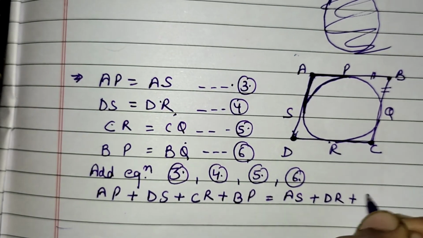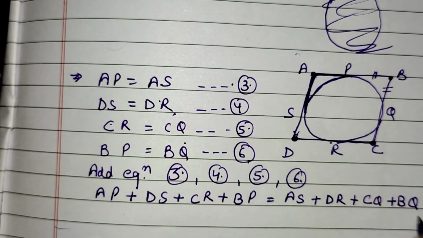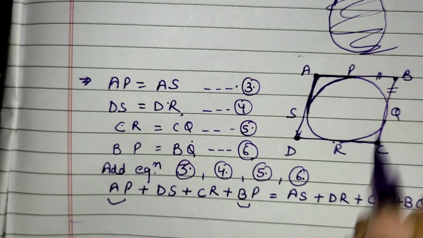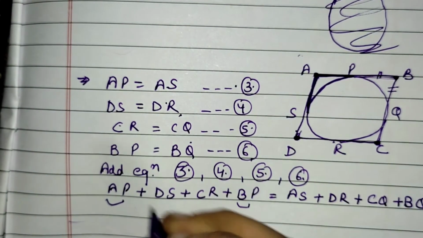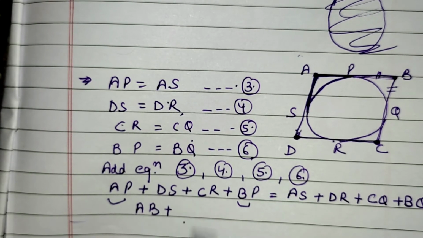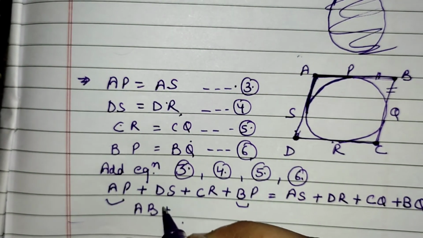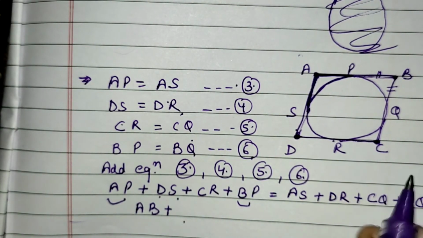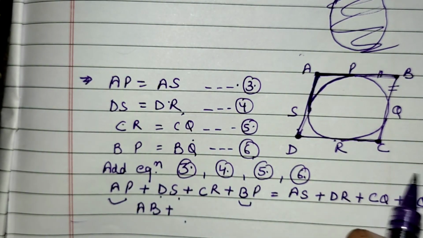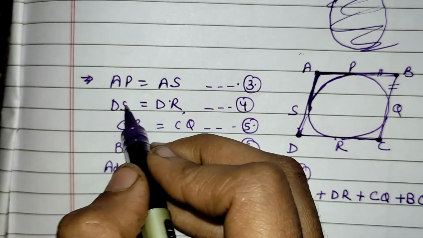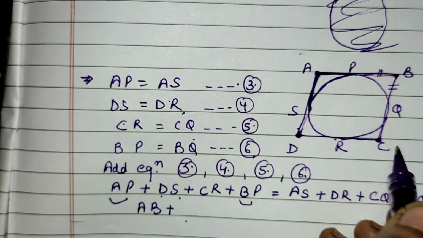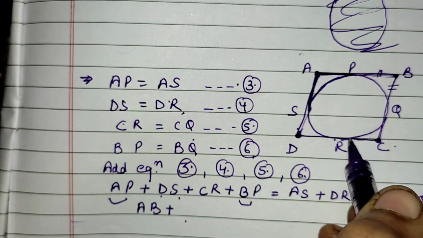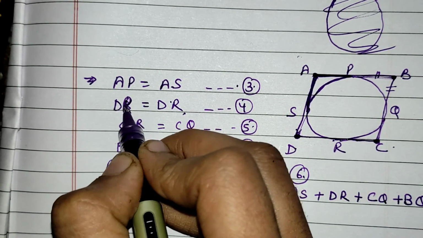I am simply writing all the terms in the equations and adding them. So AP plus BP is complete AB. Next, DS plus, I wrote it wrong, here CD should come, not DR. To get CD, what do I have to do? CR plus DR. Yes, I have to write DR here.